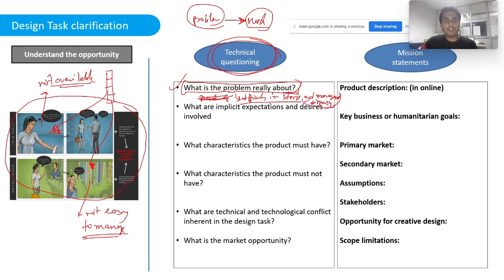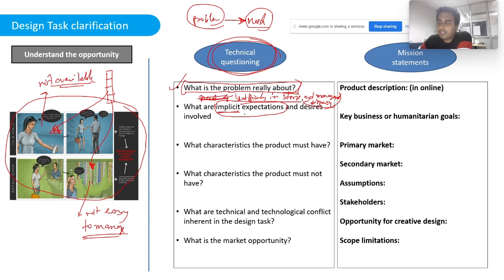Okay, so what are implicit expectations? Do you know this term, implicit expectation? What do you mean by implicit? I think in the week 3 assignments, in several places you were asked to choose the implicit expectation.